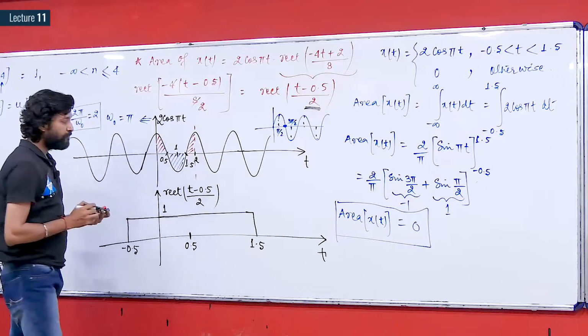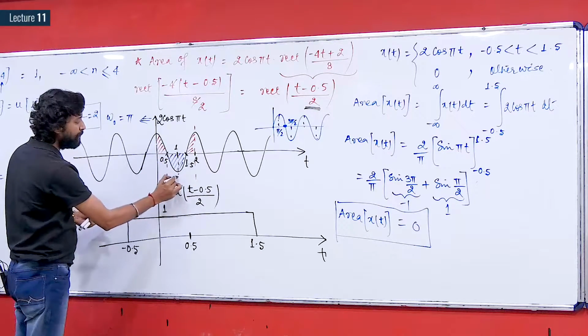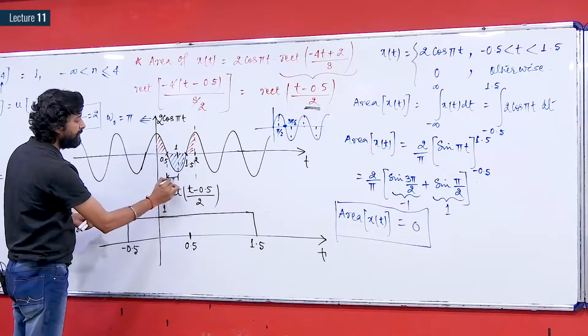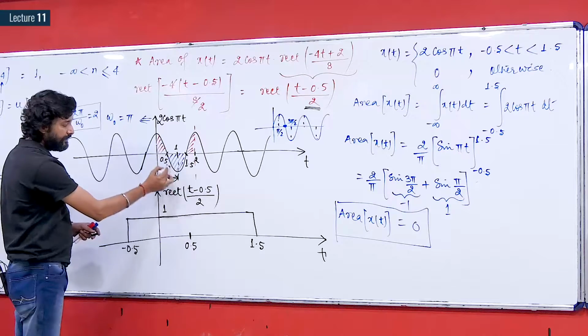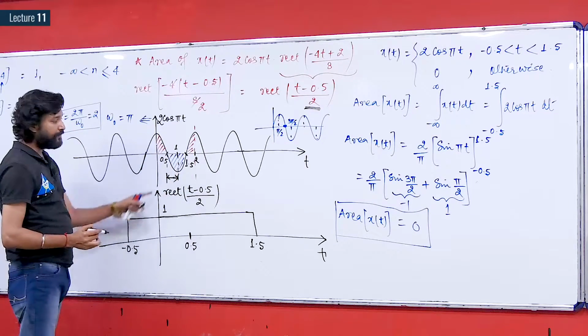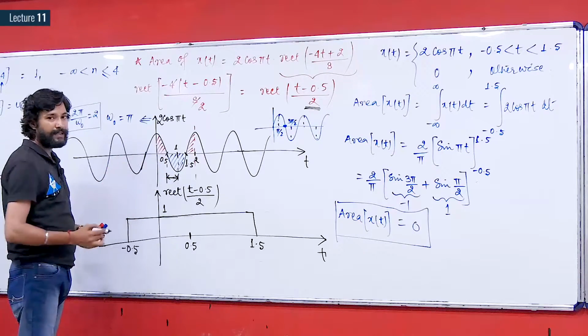So if you see here, you are going to integrate this function between the limits 0.5 and 1. In between 0.5 seconds and 1 second, the plot has values that are all negative. Therefore you have obtained this negative area, which is minus 2 upon pi.